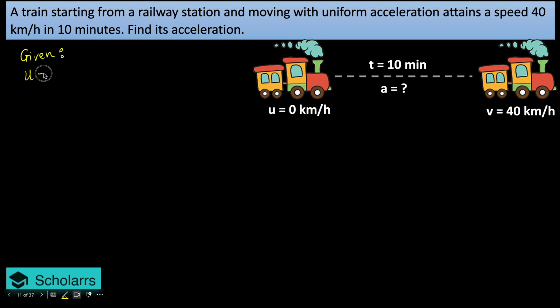They have given the initial velocity as 0 km per hour. We can write this as 0 meter per second, right? Then the final velocity is nothing but 40 km per hour. Kilometer per hour is not a standard unit, so we need to multiply this by 5/18. Whenever you have to convert from kilometer per hour to meter per second, you are supposed to multiply that number by 5/18.